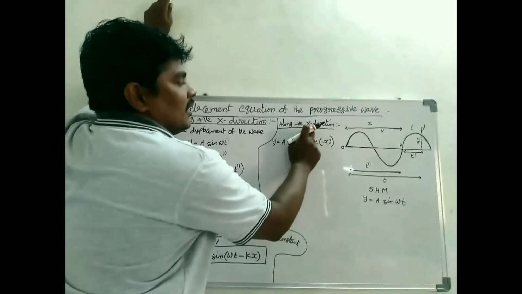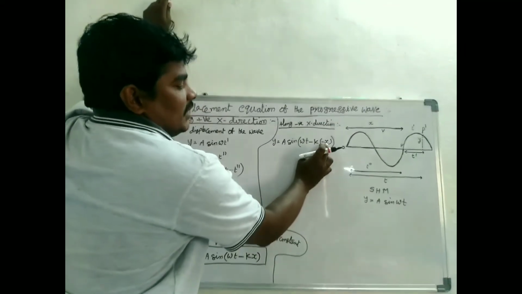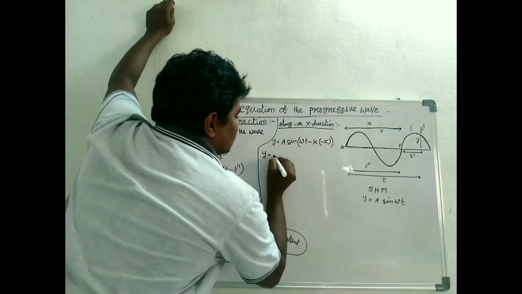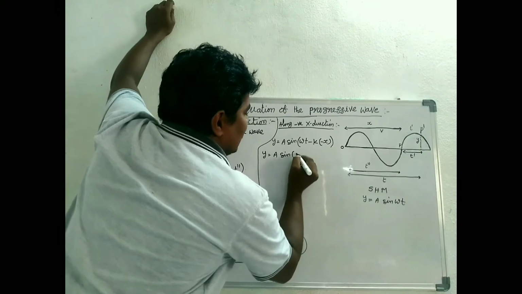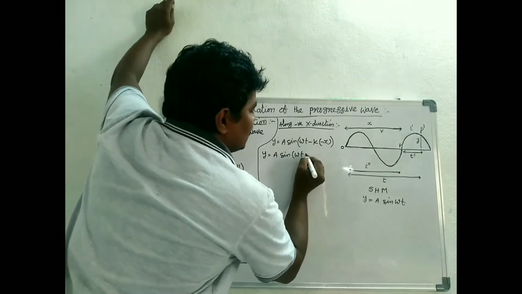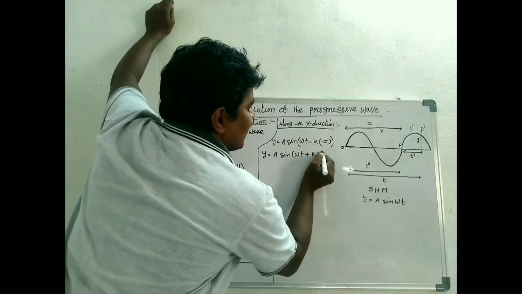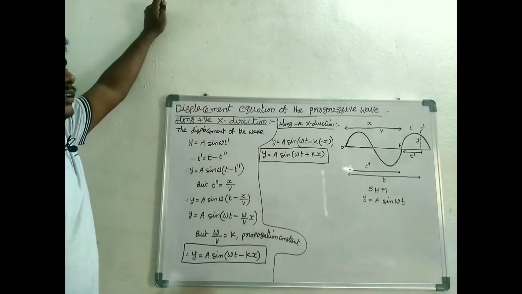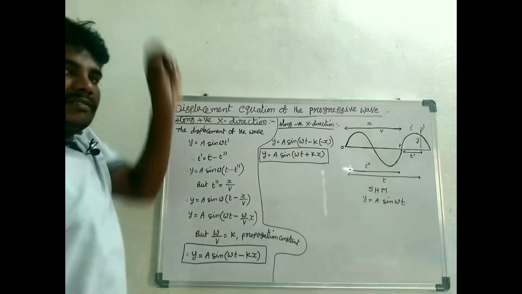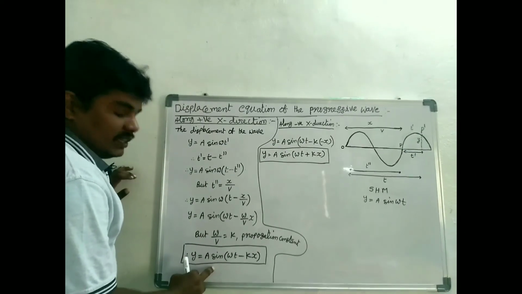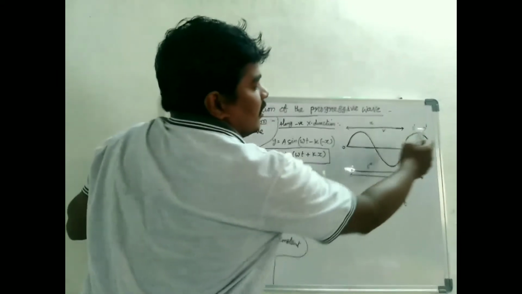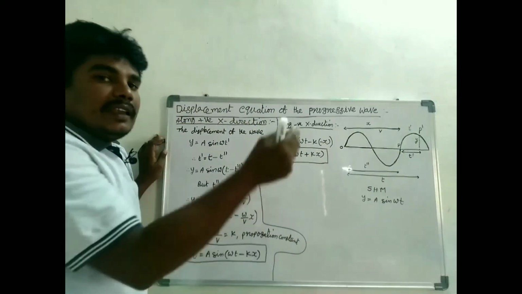Why? Because we take it along the negative x direction. That's why we write minus x in place of x. So we get y equals a sin omega t plus kx. So this is another equation of the progressive wave. The first formula is for a wave traveling along the positive x direction, and this formula is for a wave traveling along the negative x direction.